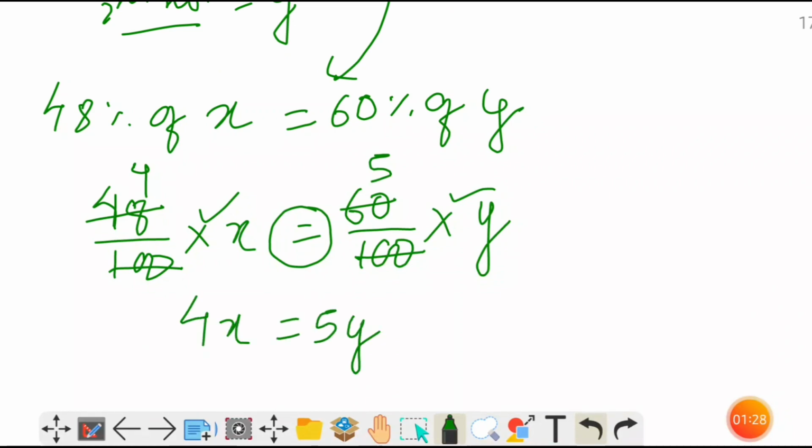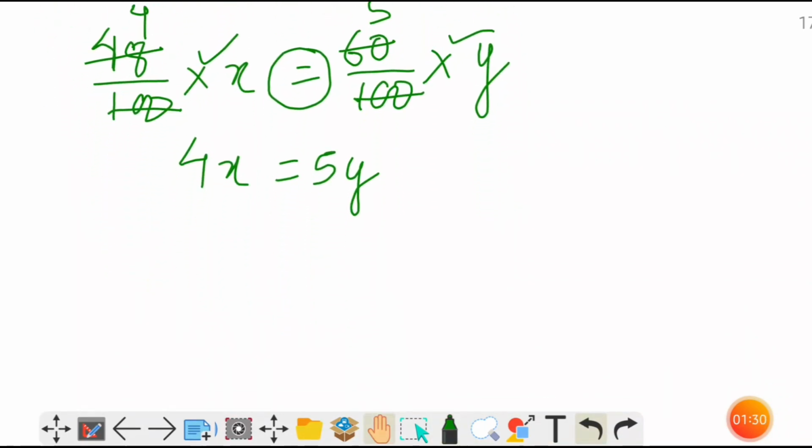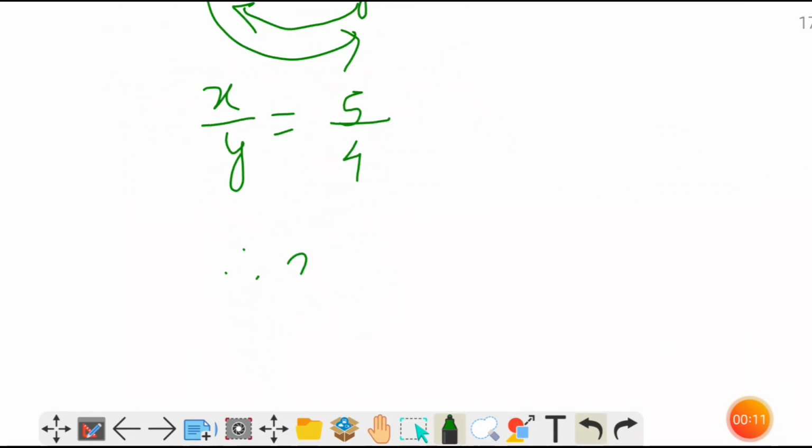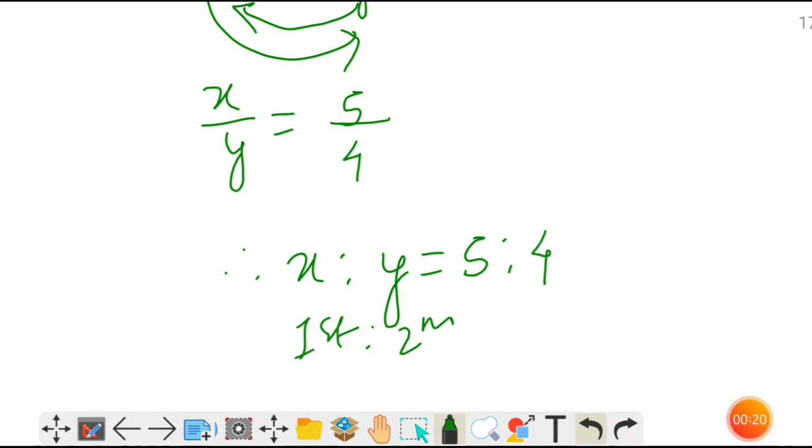Here we got 4x equals 5y. Since we have to find the ratio, we take x and y on the left hand side and numbers on the right hand side. So we get x by y equals 5 by 4. Therefore, the ratio x is to y equals 5:4. That is, the ratio between the first and the second number is 5:4.